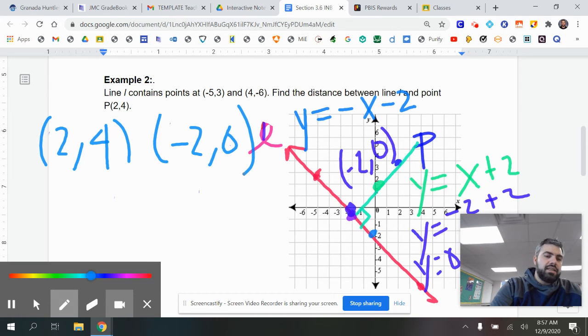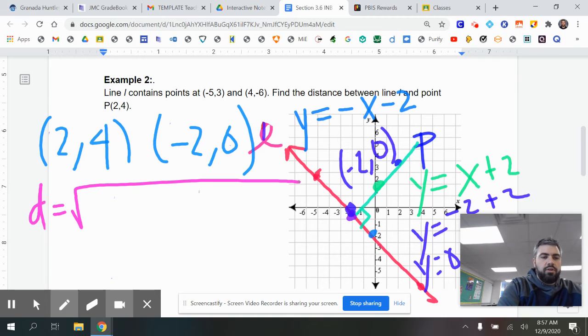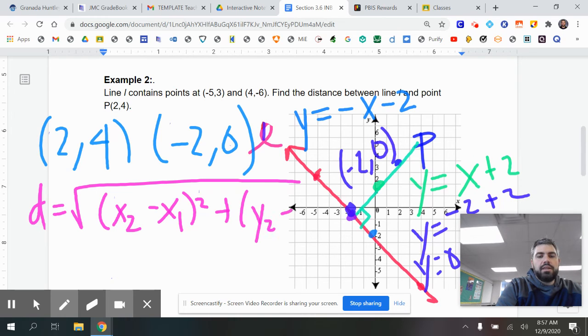We have to think back to the distance formula. In case you don't remember it, that's okay. Here it is again for you: the square root of x2 minus x1 squared plus y2 minus y1 squared. We're going to use our two points. Let's say that this is x1, y1, and this is x2, y2.